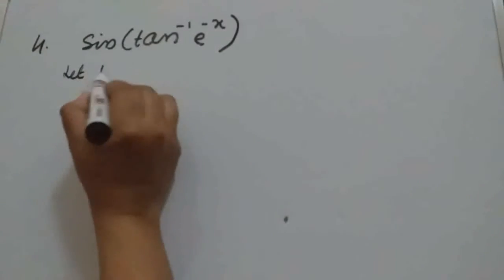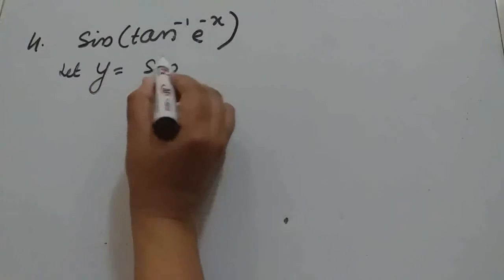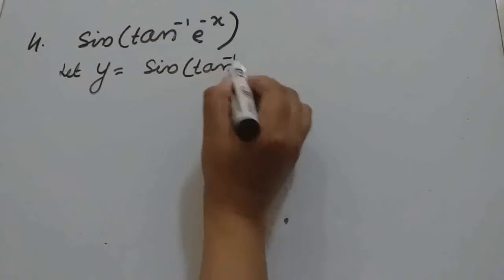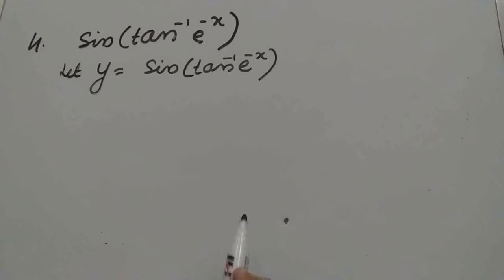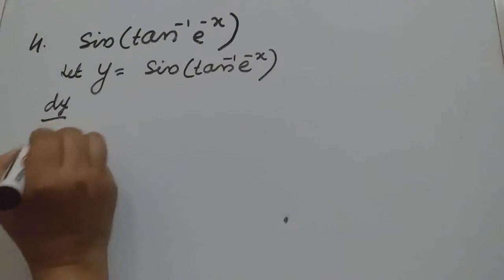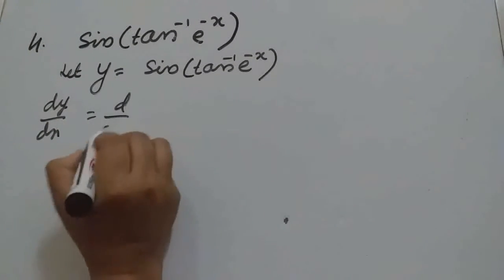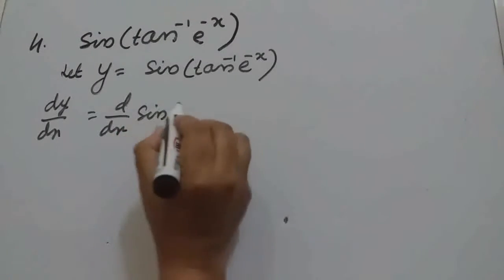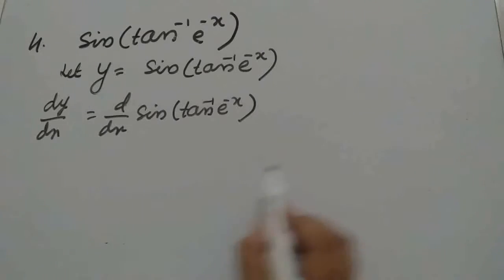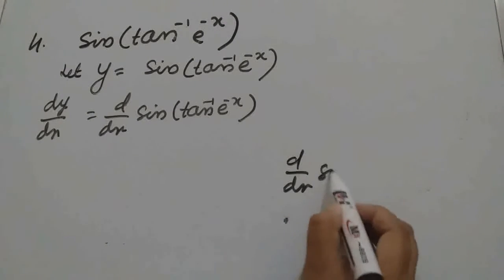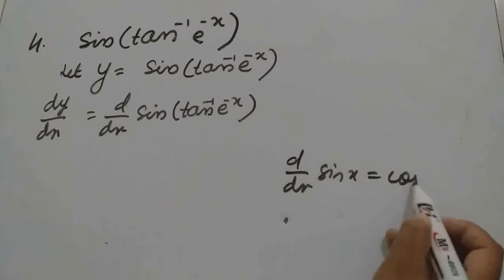Let y equals sine of tan inverse e power minus x. Okay, now dy by dx, d by dx of sine tan inverse e power minus x. Now we know the derivative of sine x is cos x, isn't it?